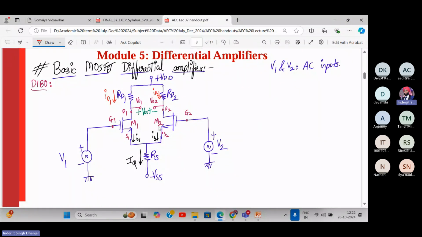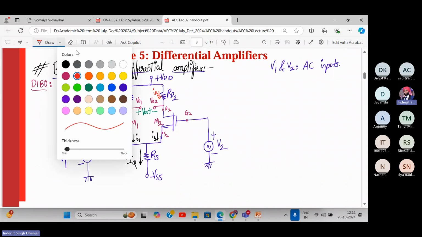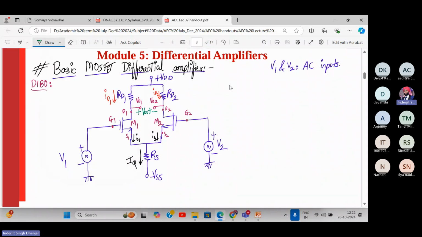Okay. Can you write over here what is IQ? If you apply KCL at this node, the outgoing current is IQ, the incoming currents are IS1 and IS2. So can we write IQ is equal to IS1 plus IS2. And what is IS1?